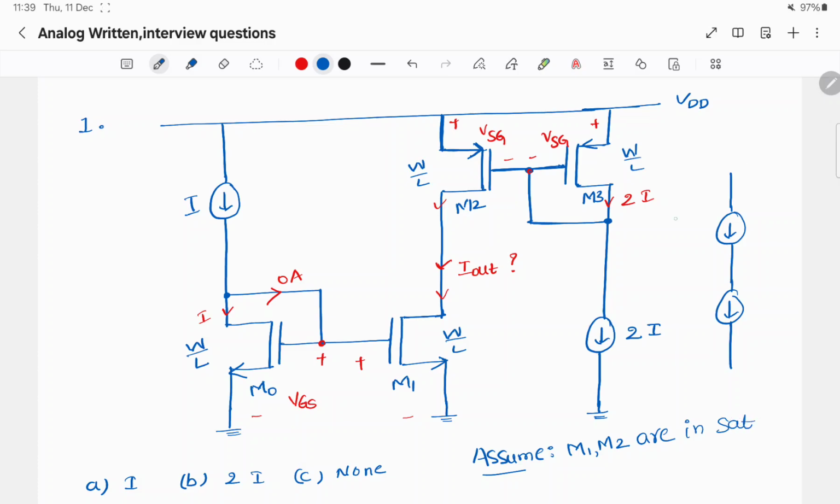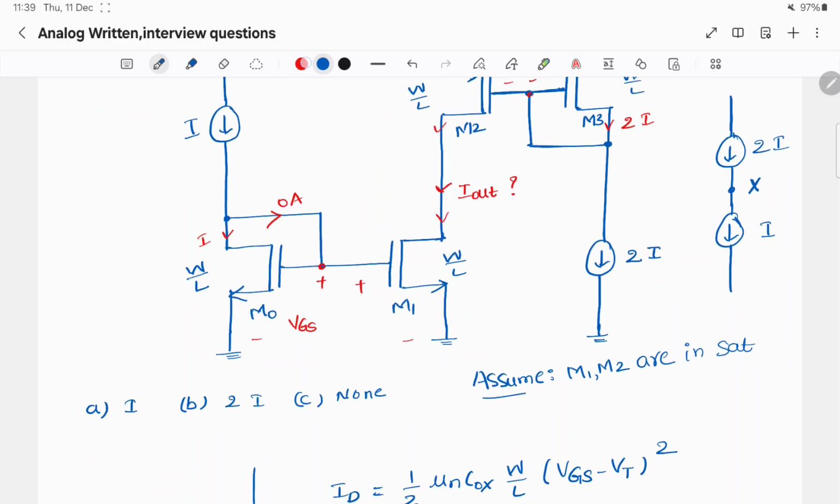If we assume that the current flowing in M2 is 2I, the current flowing in M1 is I. Let us say this node potential is some Vx.